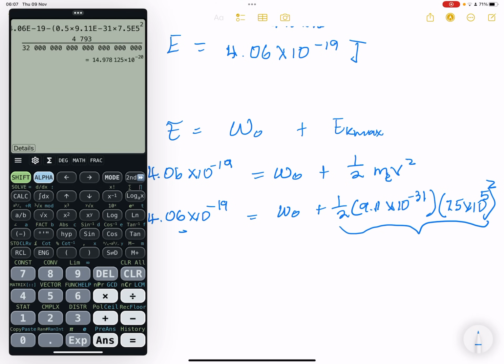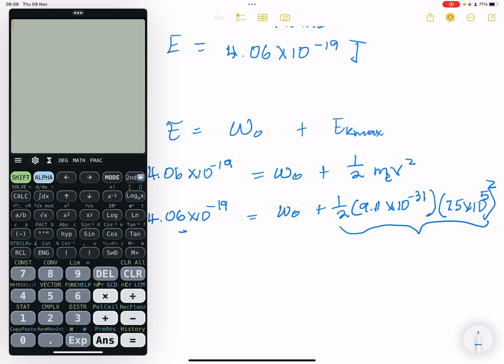For some reason that answer does not look correct. So let's try that again.